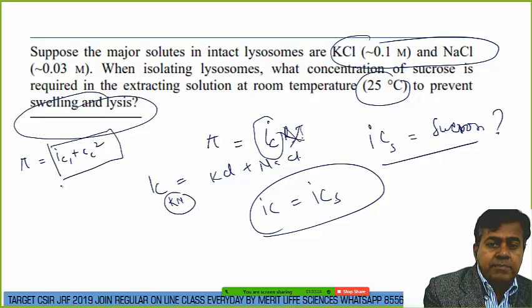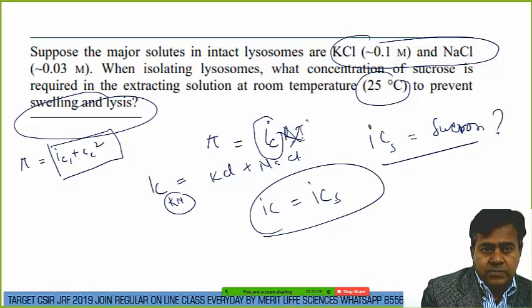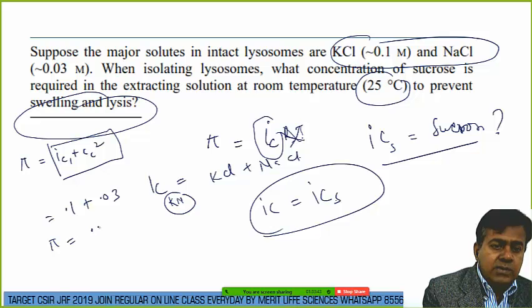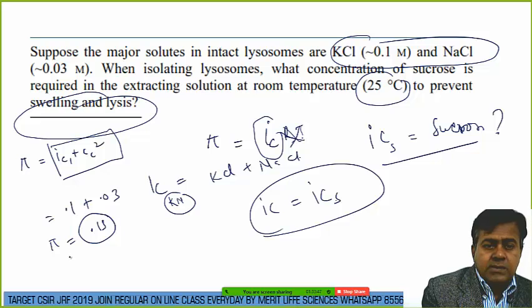For KCl, what is the iC? What about NaCl? They are already giving 0.1 plus 0.03. So what will be the total iC? 0.13, right?